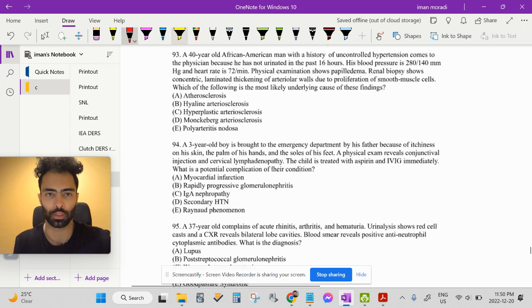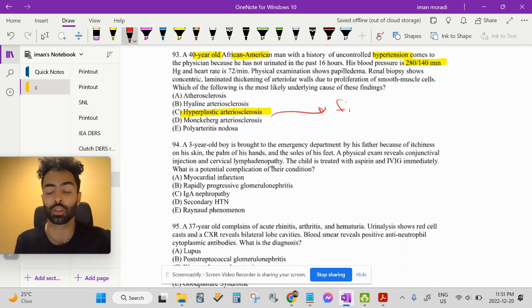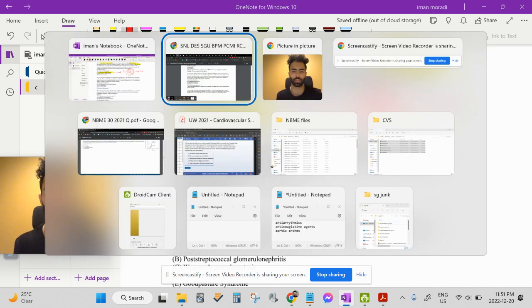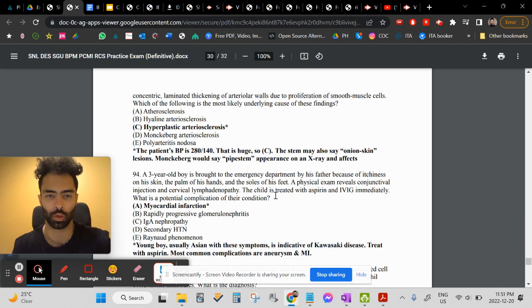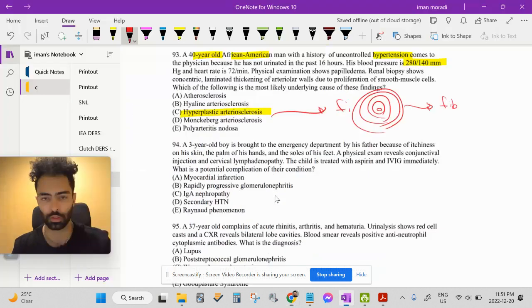Right. Okay. So in this case, we got a 40-year-old African American man with hypertension. Super high hypertension. What are you gonna see? Hyperplastic arteriosclerosis. This is very similar to the fibrinoid necrosis of the vessel that we saw a few questions ago in a pheochromocytoma patient.